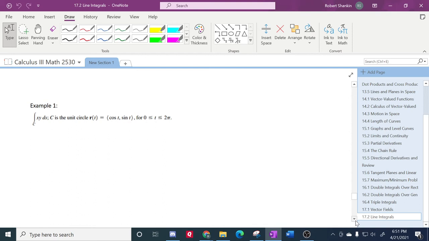We're traversing this unit circle once around. Now, what I'm going to be doing for each one of these is, before we evaluate the line integral, we are going to estimate the answer first.